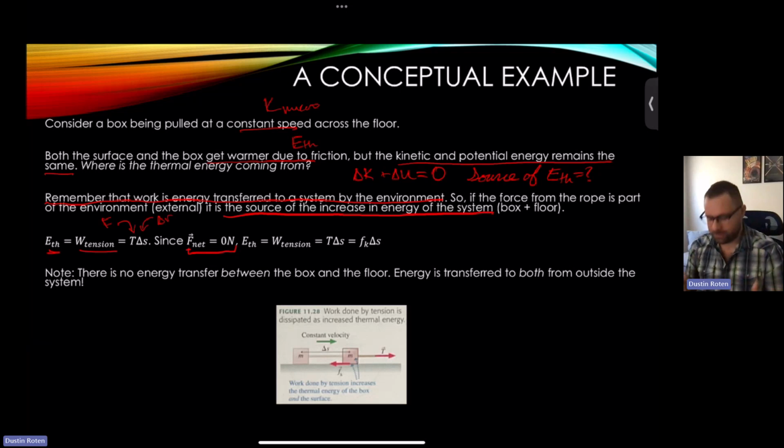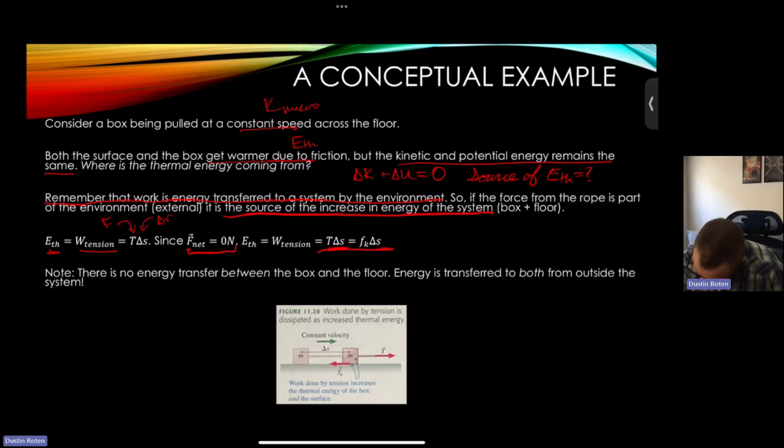Now we can rewrite this tension since it's T delta S. Well, the tension and the friction, remember kinetic friction always opposes the motion. And since there's no net force, it's a constant speed, we know that the tension and the friction have to equal each other, right? There's no excess force, there's no net force. So we can actually rewrite this one more time.